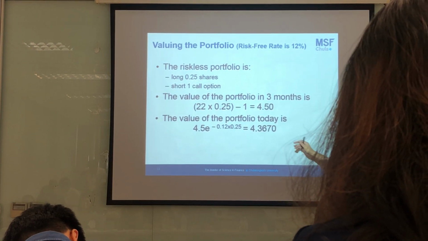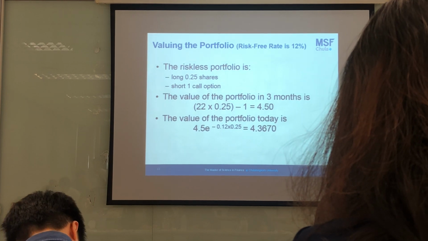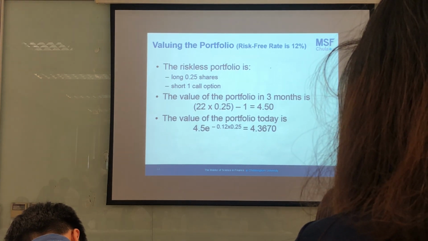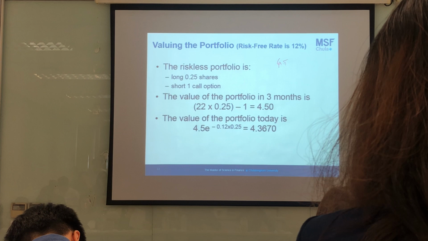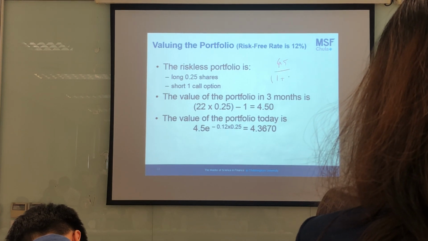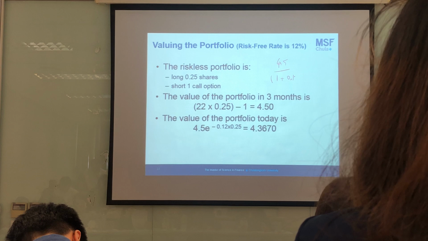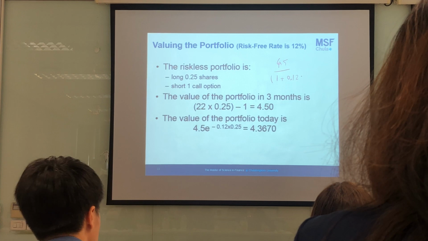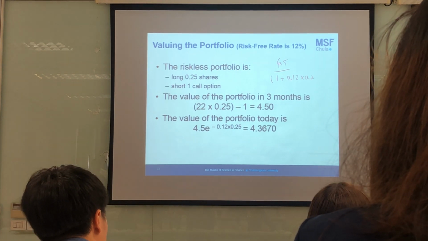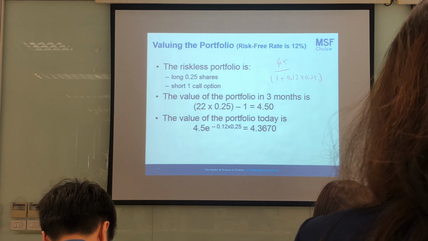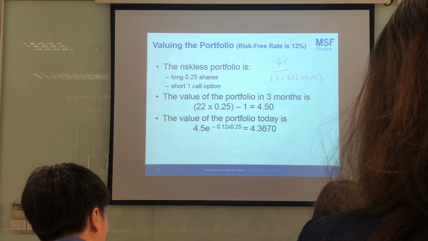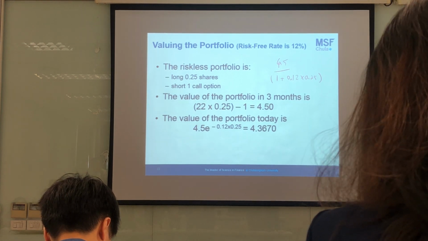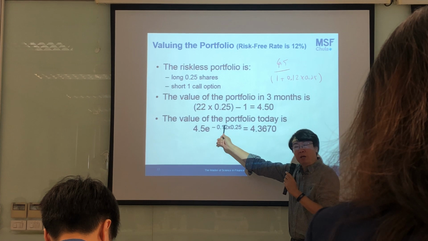The value may be slightly different. If you discount by using discrete time, the value of the portfolio at time zero would be 4.5 divided by 1 plus 0.12 multiplied by 0.25, because 12% is per year, but one period is only 3 months. But in this case, we use continuous time compounding.